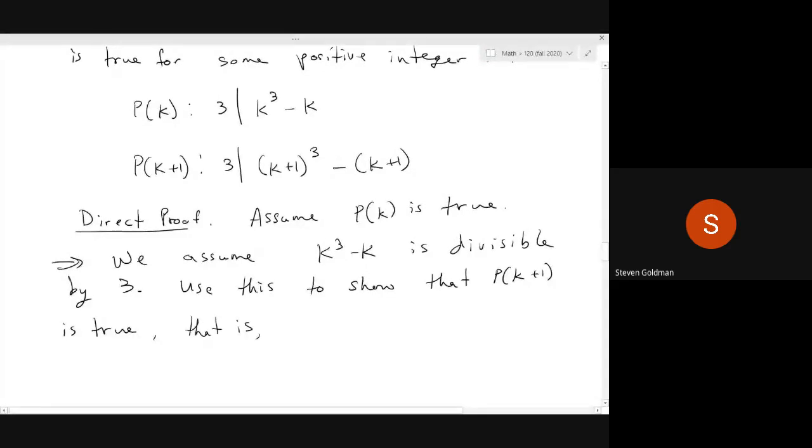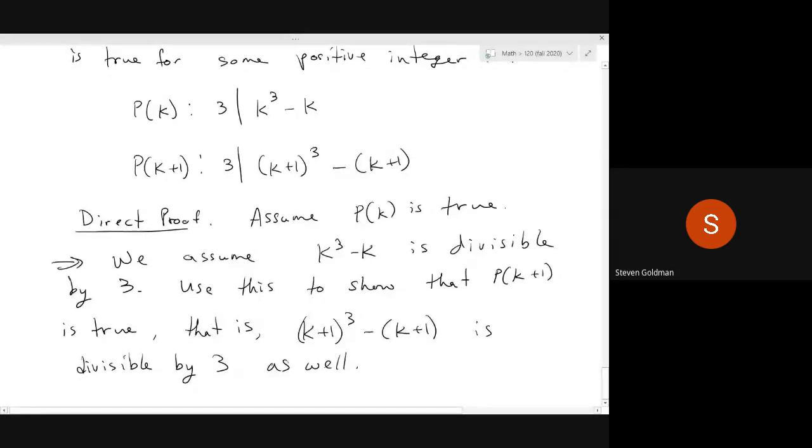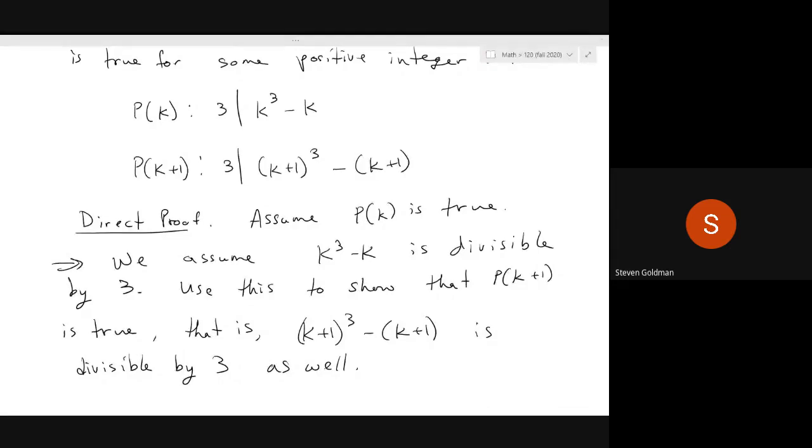That is, we want to show that k plus 1 cubed minus k plus 1 is divisible by 3 as well. Any questions before I continue, before I do the direct proof here?